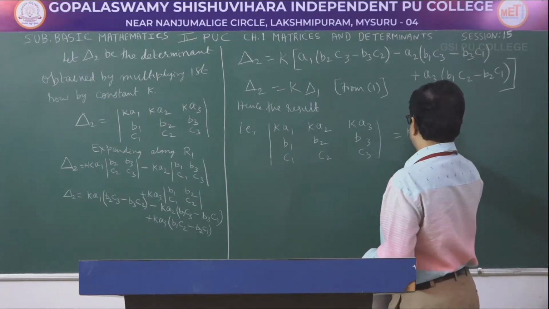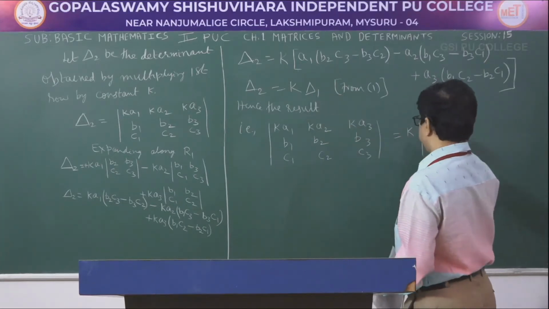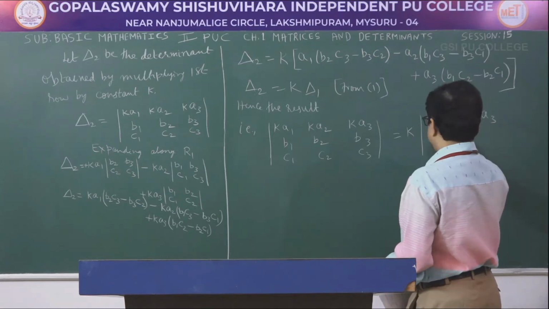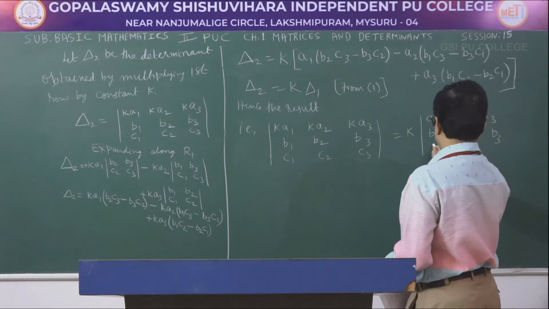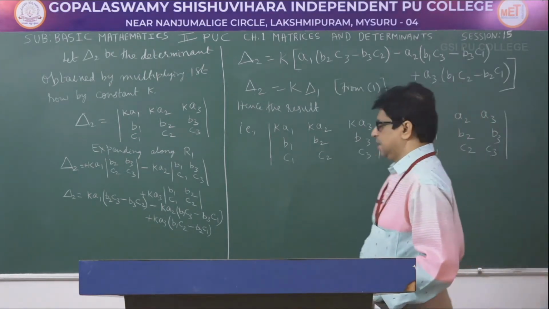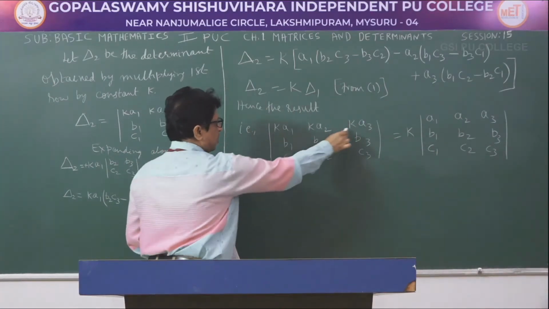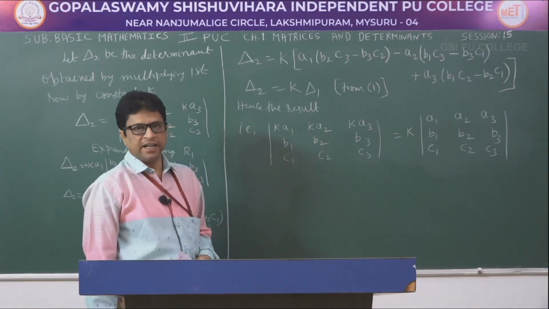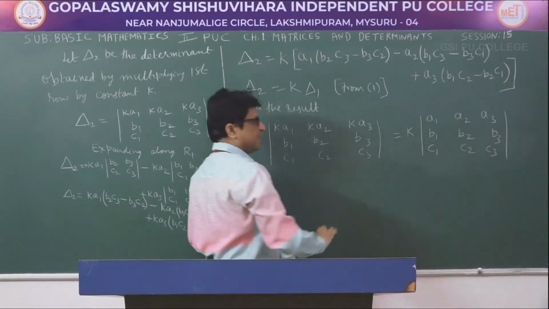That will be equal to k into determinant of, what is delta 1? Delta 1 determinant is a1, a2, a3, b1, b2, b3, c1, c2, c3. That means, if in a determinant, a row or a column is multiplied by k, then the whole determinant is multiplied by k.